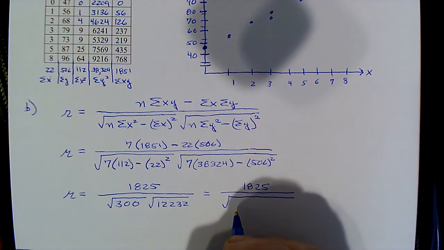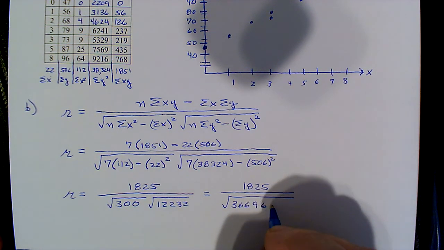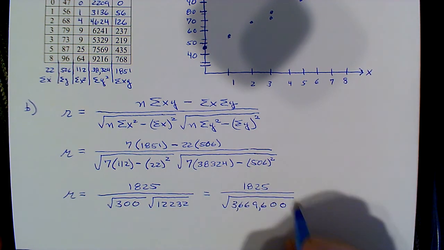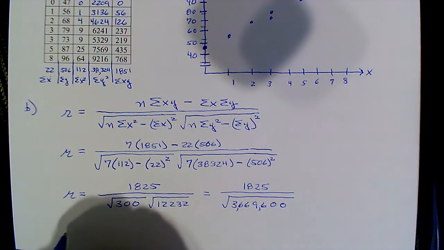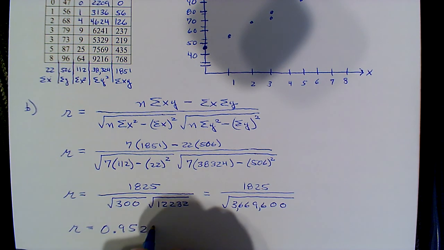And that'd be the square root of 369,600. And then do that computation. So do it any way you like, but that makes it a little easier. And we get 0.95269, 41649.